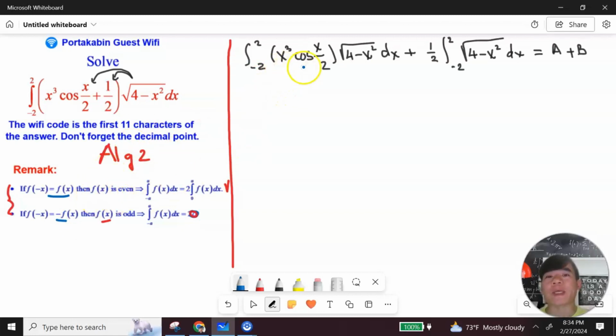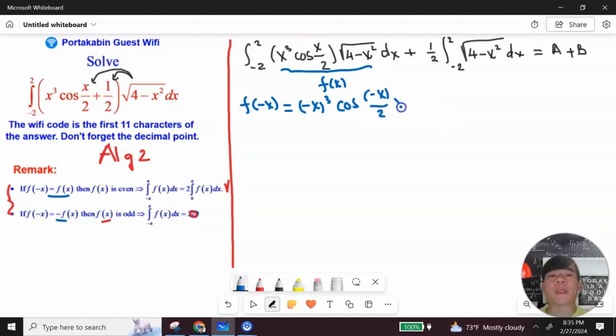Okay, so let's see. I let this guy be f of s, and I'm going to check to see if it's an odd or even function. So f of negative s: substitute over here, I have negative s cubed, cosine of negative s over 2, multiplied by root 4 minus negative s squared.